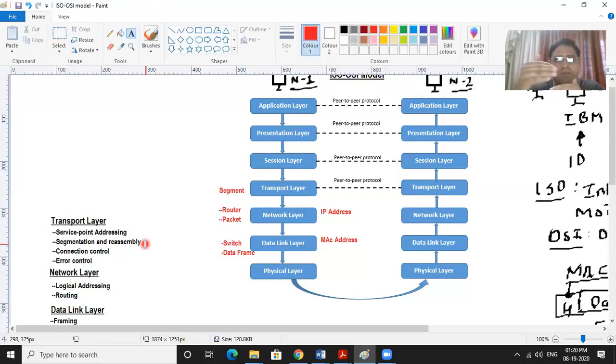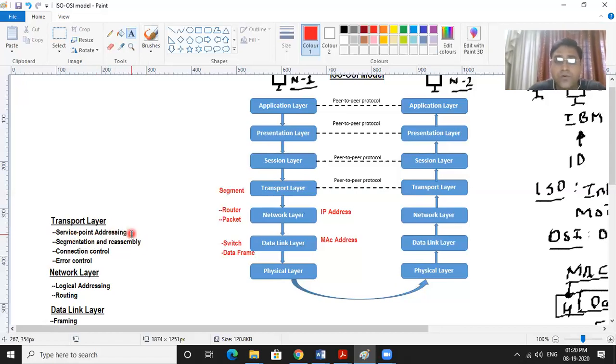So if segment 3 came first and segment 2 came later, reassembling can be done easily because each segment has a sequence number created by the sender node. At the destination end, it will be reassembled according to the sequence number. So at the sender end, segmentation is done, and at the receiver end, reassembling of those segments is done.